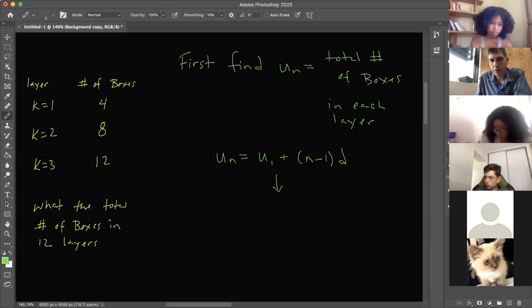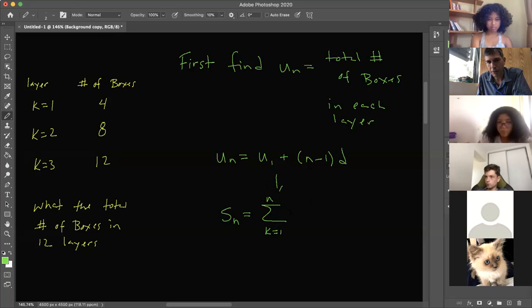And then we're going to use this next formula. I don't think I gave this to you guys last class. We're going to use another formula, which we'll call S_n, which can also be written as the sum from k equals 1 up to n.